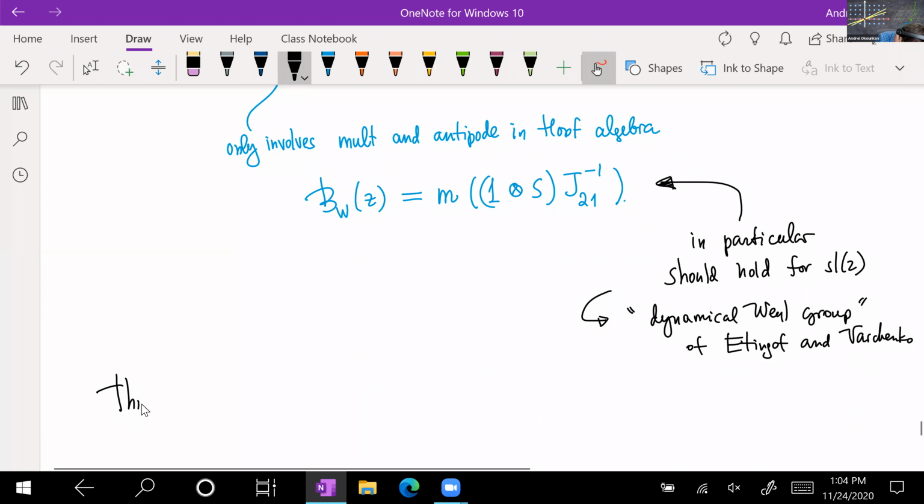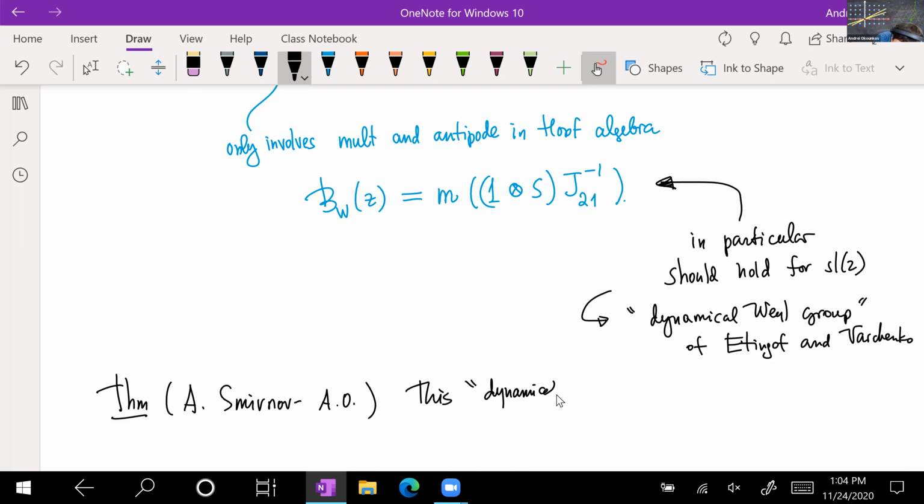Now there's a theorem of Smirnov and I. This connection, maybe call it the dynamical connection. Oh, maybe this is a dynamical groupoid.